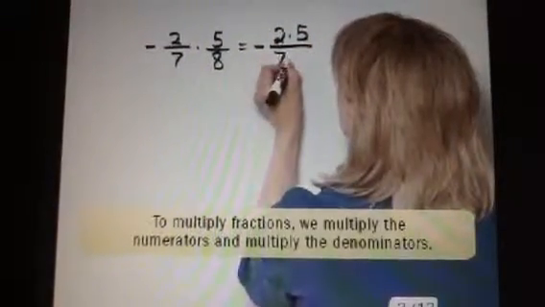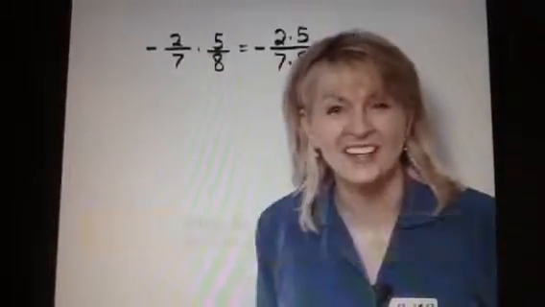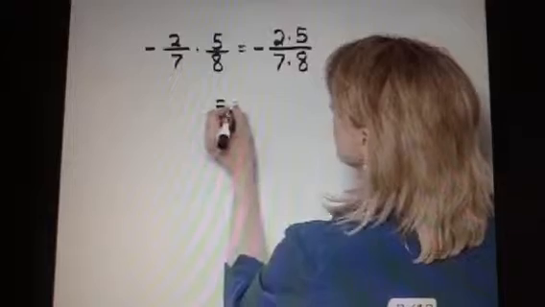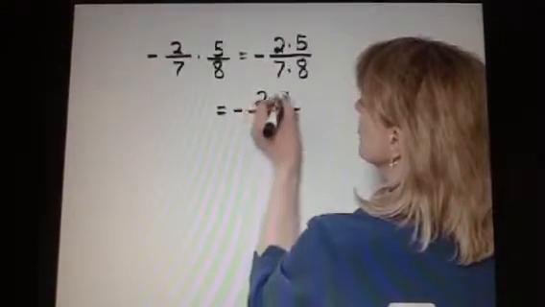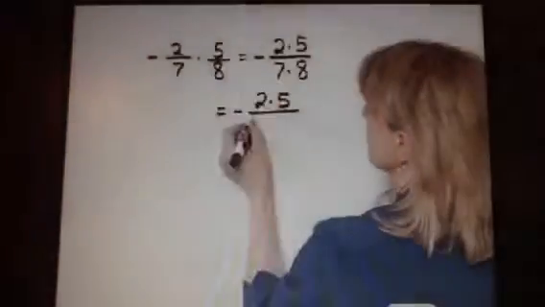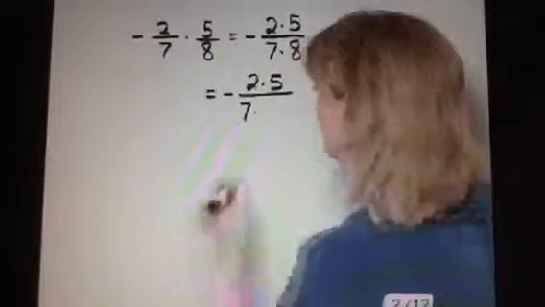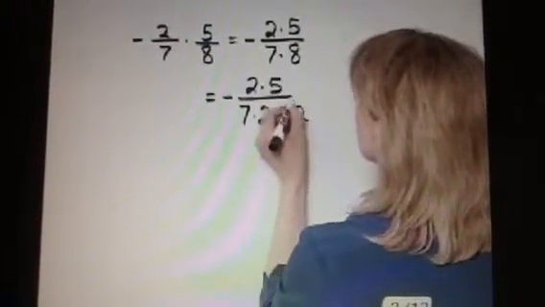over 7 times 8. Now I know 2 and 8 will have a common factor of 2, so I do need to take a moment and write down the prime factorization. 2 and 5 are both prime numbers. 7 is a prime number, and then 8, we know by now, is 2 times 2 times 2.